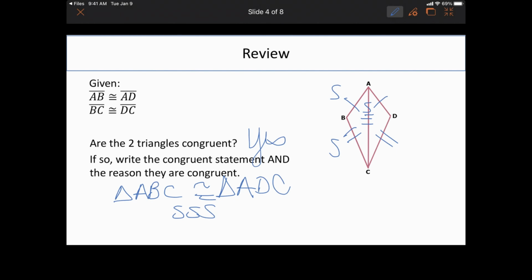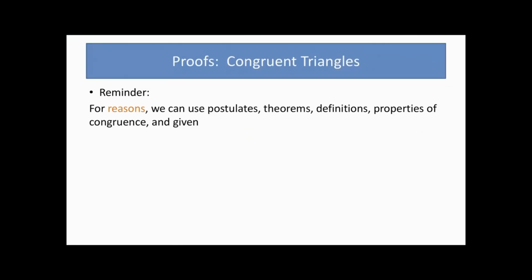So this is what we have done in the homework, and it was to prep you to actually do proofs. So I'm going to take this and actually write a proof for it. Now, before we do, remember, for the reasons we can use postulates, theorems, definitions, properties of congruence, or properties of equality. For congruent triangles, it would be properties of congruence, and our favorite, given.